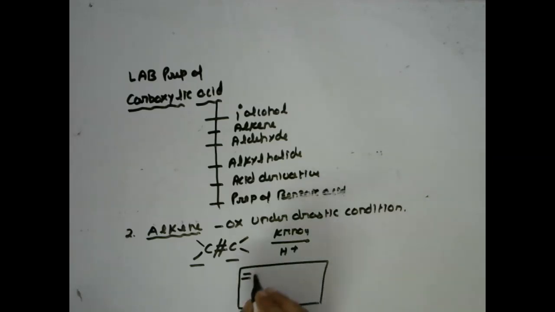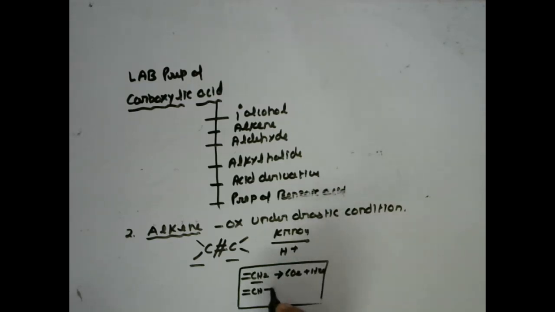If you see a double bond CH2 part, if there is a CH2 group, this gets oxidized to carbon dioxide and water.